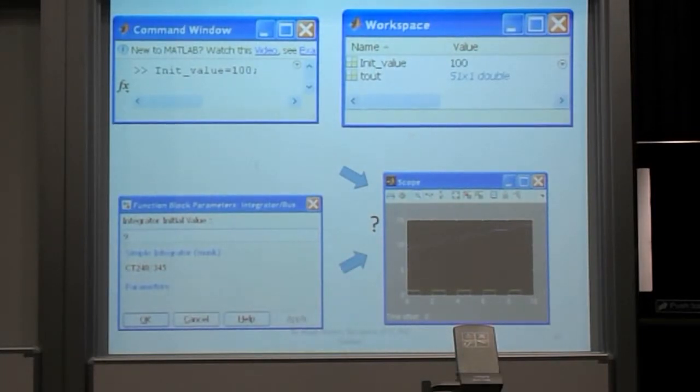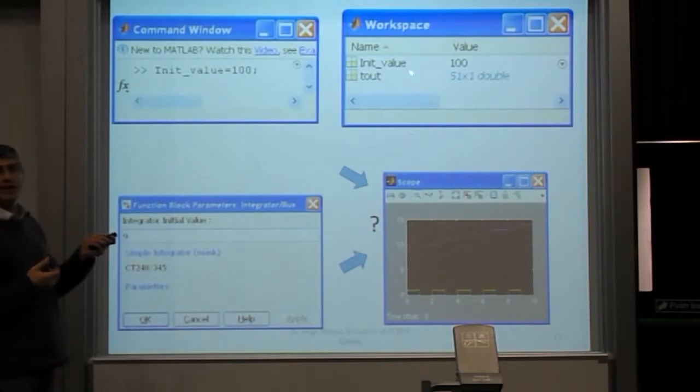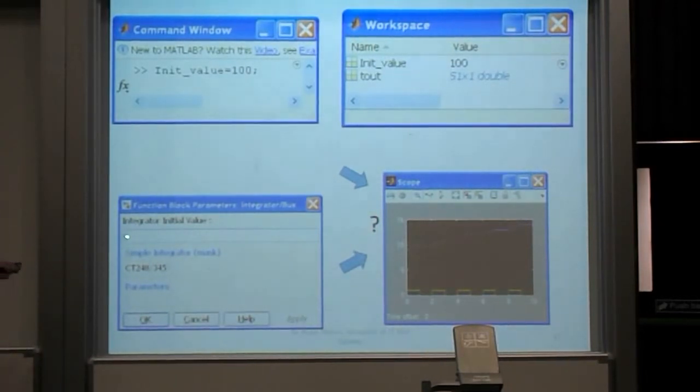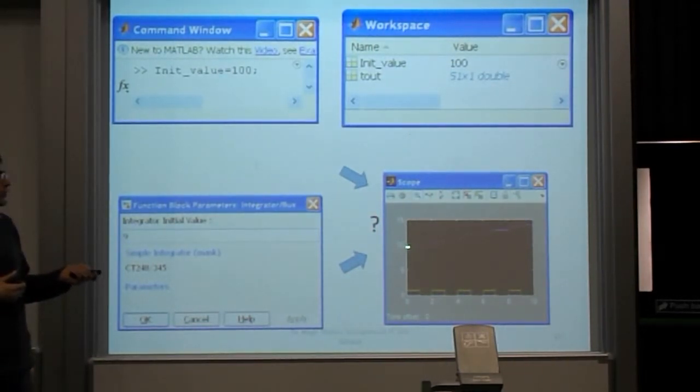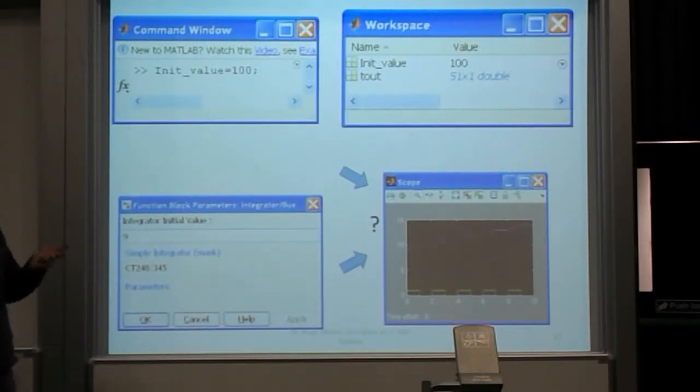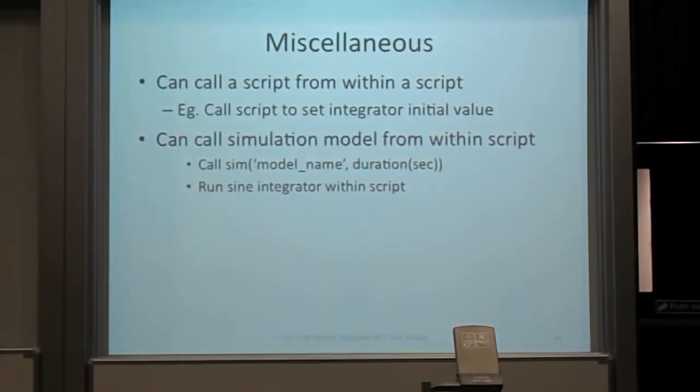But remember that initial value is not this one. This one stays at 100, the reason being that the mask for the integrator now has its own variable called initial value, which is hidden from here, and it's actually equal to 9. So when you run that code, it starts at 9 and not 100. So just in case that causes confusion, make sure you get your head around that.